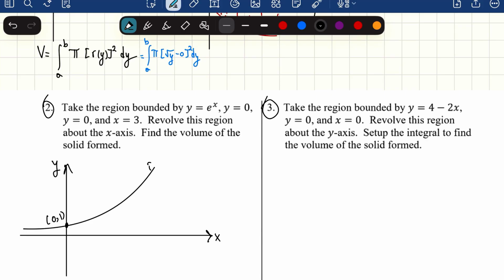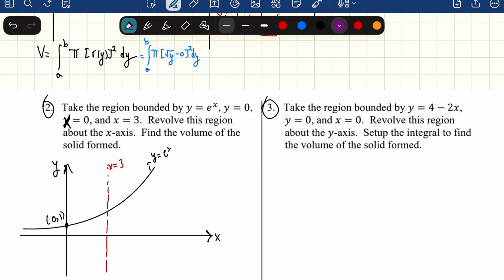All of this function is y is equal to e to the power of x. We've got y is equal to 0, which is basically the x-axis, and x is equal to 0, which is the y-axis, and x is equal to 3, which is a vertical line over here.